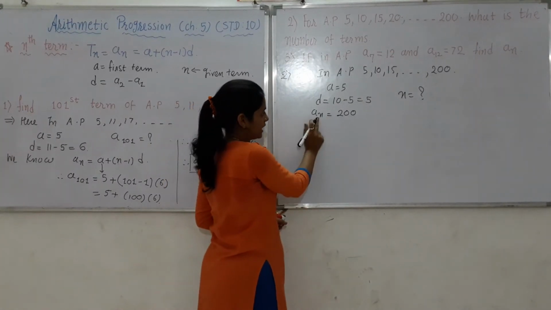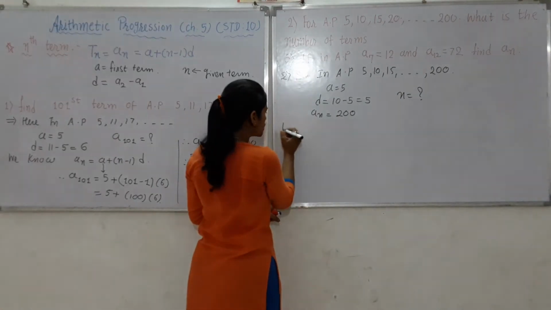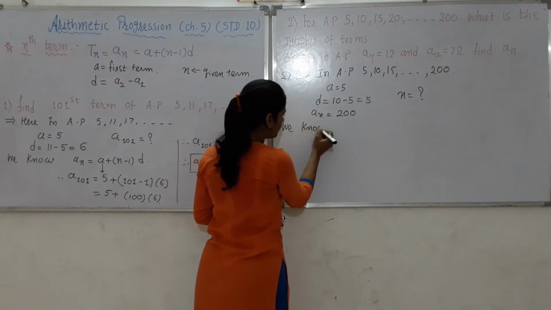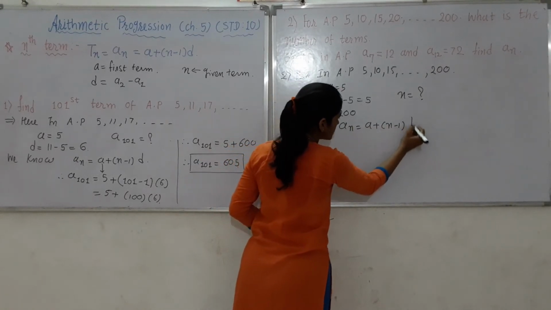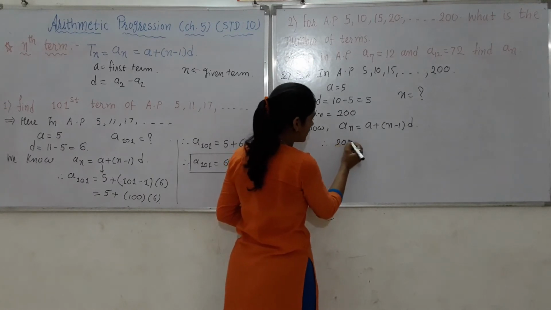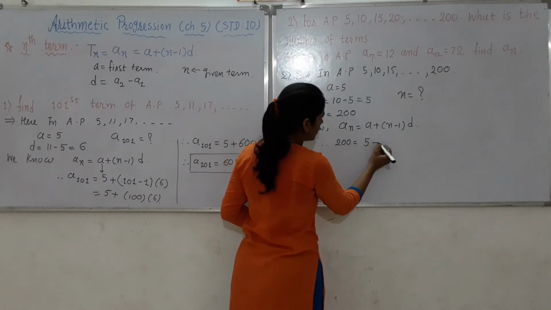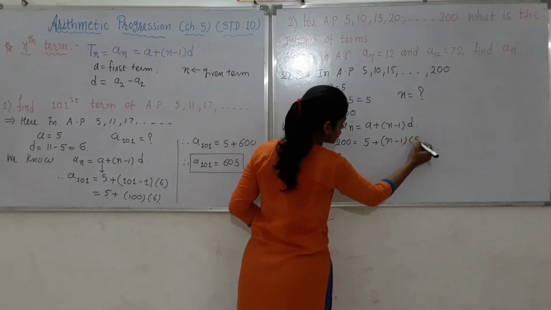So definitely an, d and a are given, so you should use the an formula. So you can write, we know an is equal to a plus n minus 1 into d. Put the corresponding values. An is 200, a is 5, n you want to find, so write as it is. D is also 5.